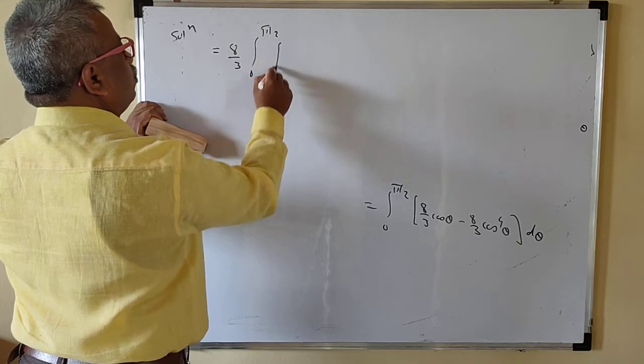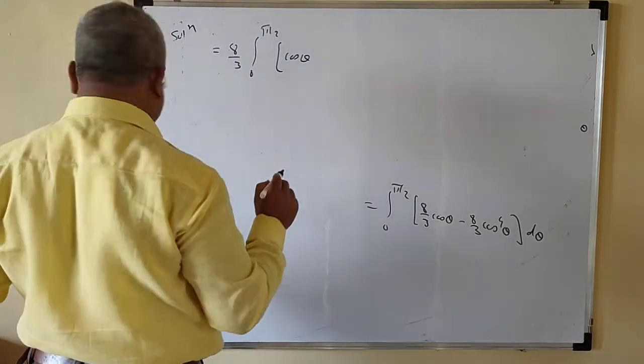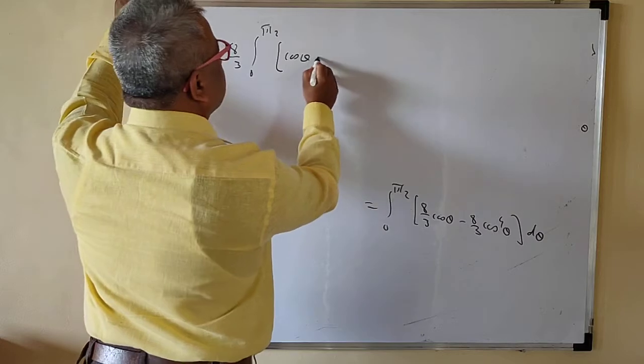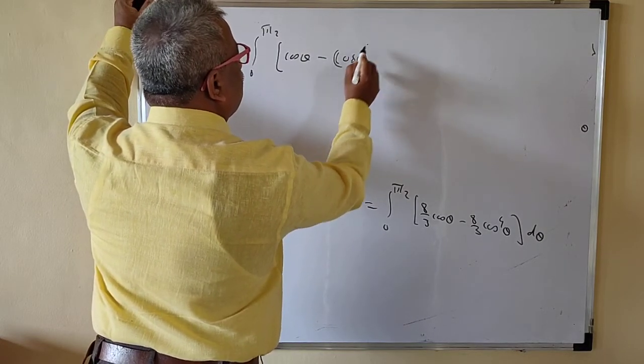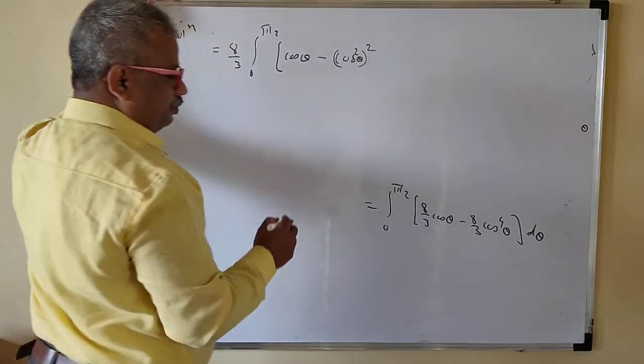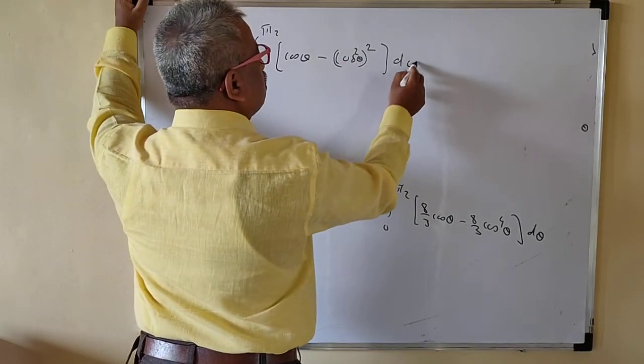So this is the integral from 0 to pi by 2 of cos theta minus cos theta times cos square theta squared d theta.